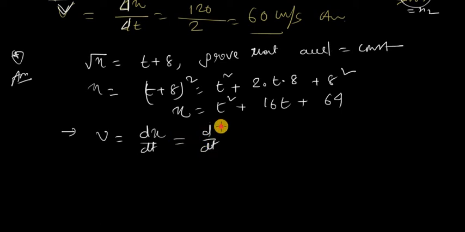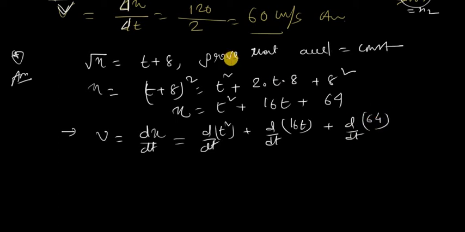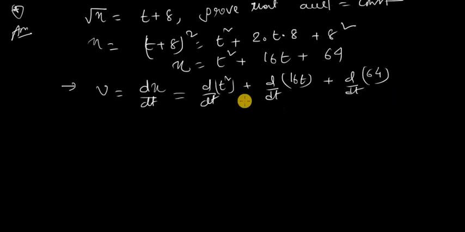So d/dt of the first term t square, plus d/dt of the second term 16t, plus d/dt of the third term 64. From the formula we know that d/dt of x to the power n is n times x to the power n minus 1.